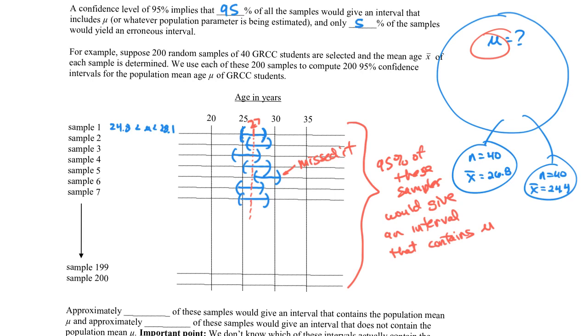Right, 95% of them would, 5% of them wouldn't, and the key is we don't know which is which. So that's why we make that statement, we're 95% confident, because normally we're going to get an interval that captures the mean. Most of these do capture the mean, some of them don't, and we just don't know if ours did or didn't, right?